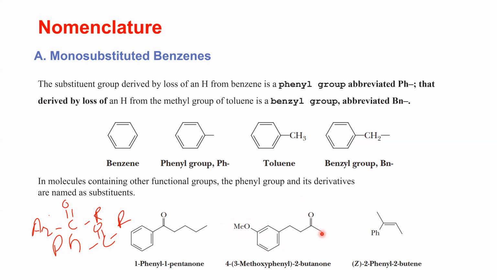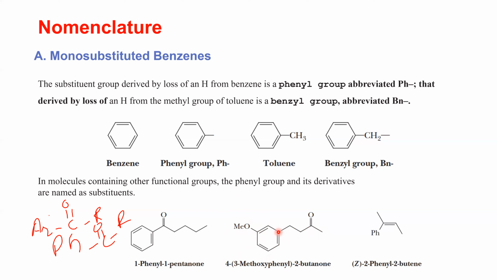So we write it this way. This is the first carbon, and we have to assign the lowest number to the major functional group. So this is 1, 2, 3, and 4. At the fourth carbon there is the phenyl, but this phenyl is again having a substitution. So we have to see at what position this substitution is and what it is.